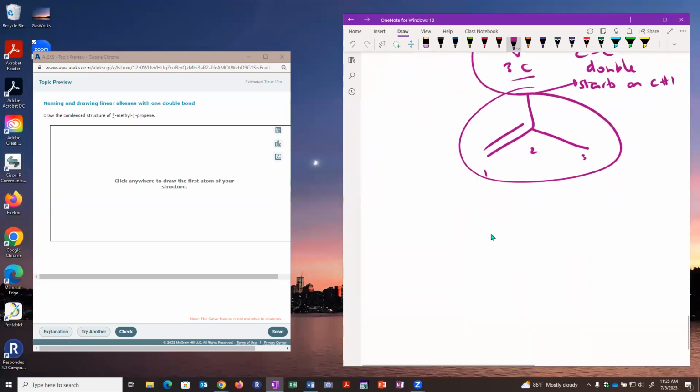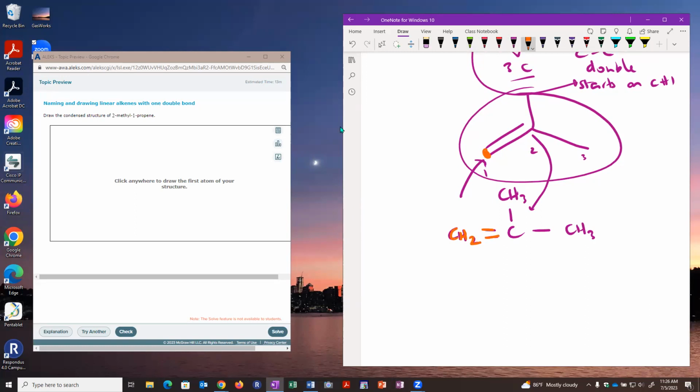If I need the condensed structure, so what do I have here? Well, I have a CH2, double bond to this here, that's a carbon. Connected to the top, I have a CH3, and then I have a CH3 on the right, right? And we'll color code these. Right here is my CH2.